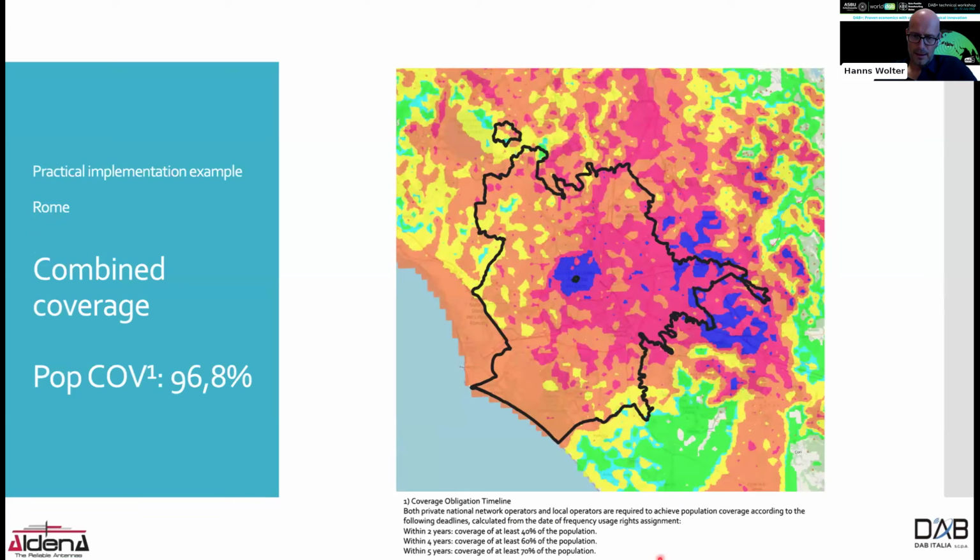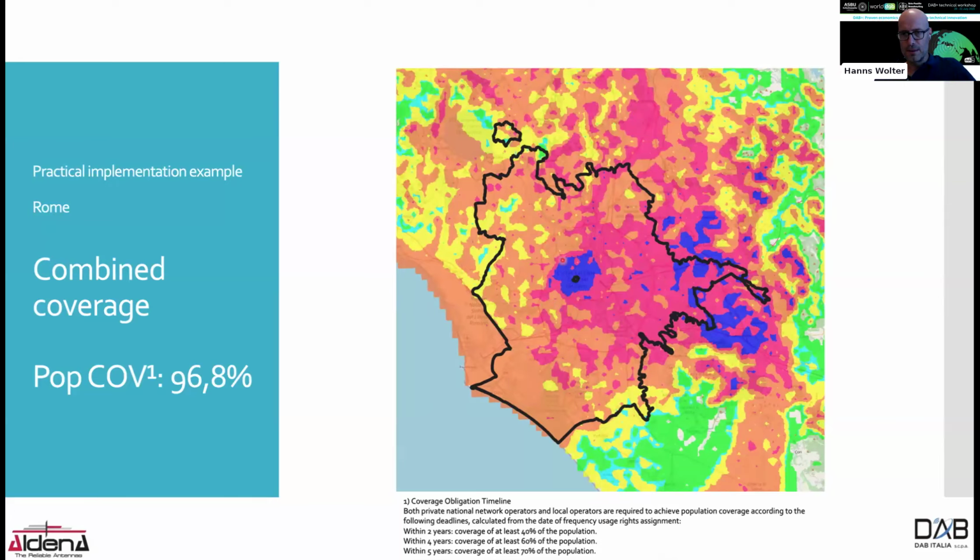As you can see here, in Italy, we don't have very significant obligations for coverage. So within 5 years of license awarding, you have to cover at least 70% of the population. We cover in Italy at national level around 91% of the population at this point.